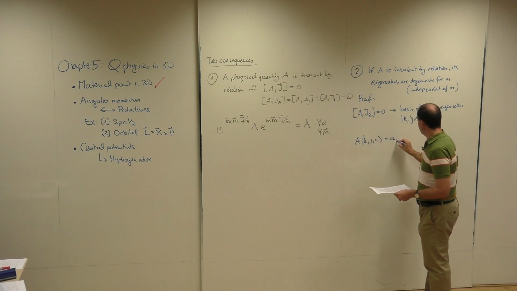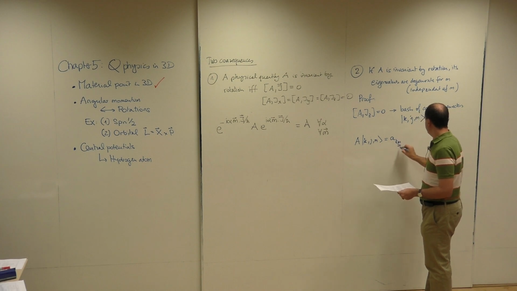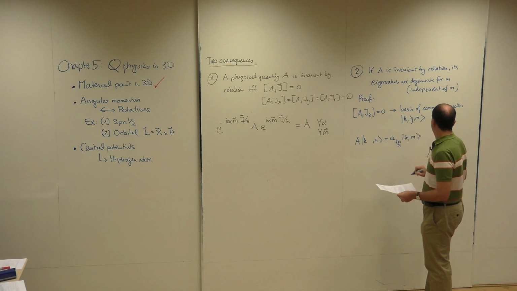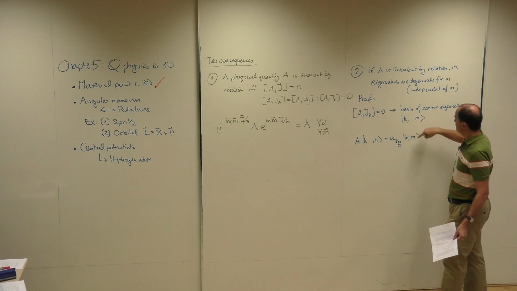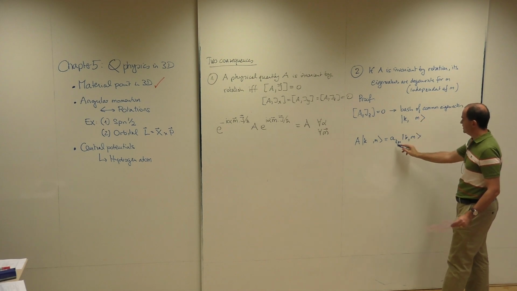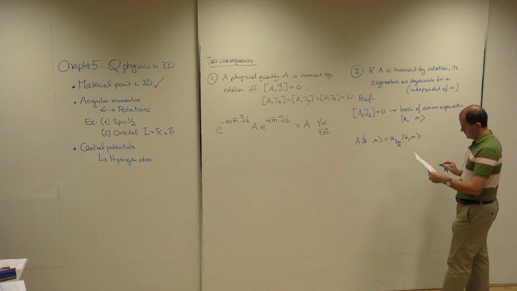And let's assume the eigenvalue of A depends on K and on M. I can even remove the J. K M. So K can contain M. So let's do it like that as I did in the lecture notes. Let's assume that this depends on M.